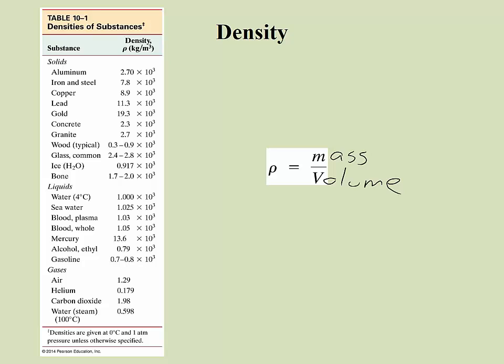Sometimes the density is given in grams per cubic centimeter. When it is, make sure that you do in fact change it to kilograms per cubic meter. And remember, when you go from grams per cubic centimeter to kilograms per cubic meter, you want to make sure that you multiply by 1,000.